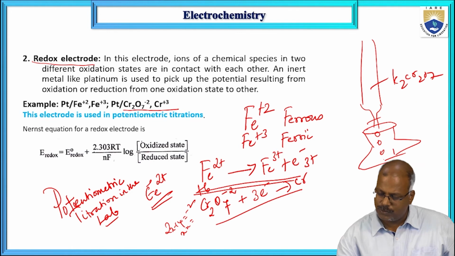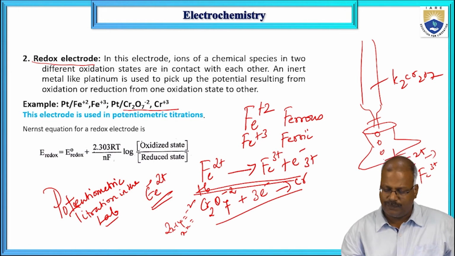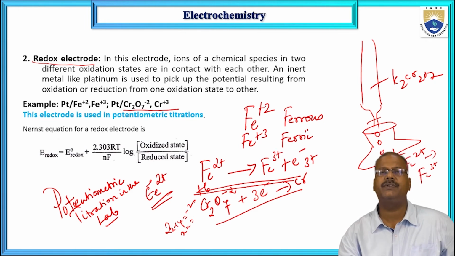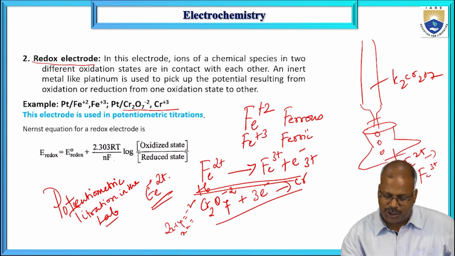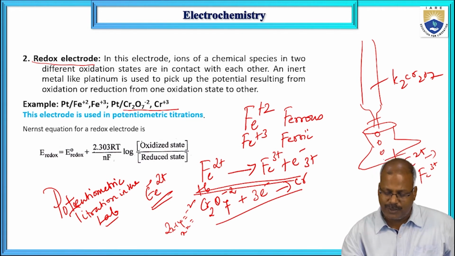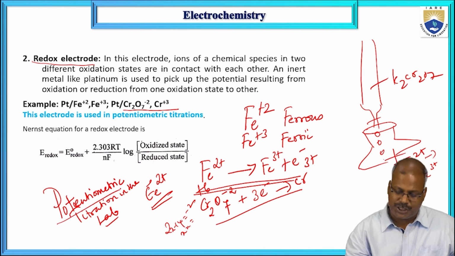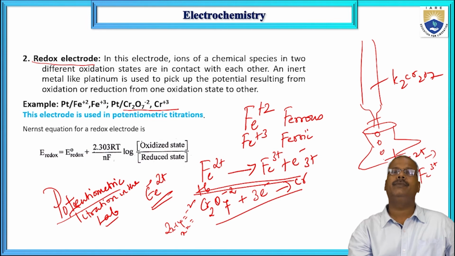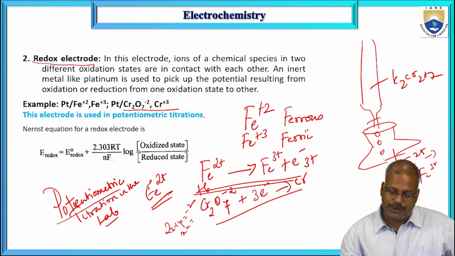Whenever you add K2Cr2O7 in droplets, some Fe2+ will be converted to Fe3+, and the corresponding change in potential will be shown by the potentiometer. This changing of potential by adding K2Cr2O7 to Fe2+ is an example of potentiometric titration.